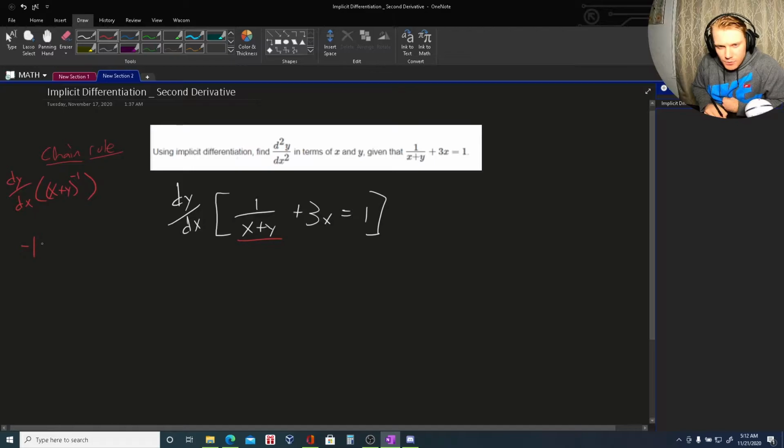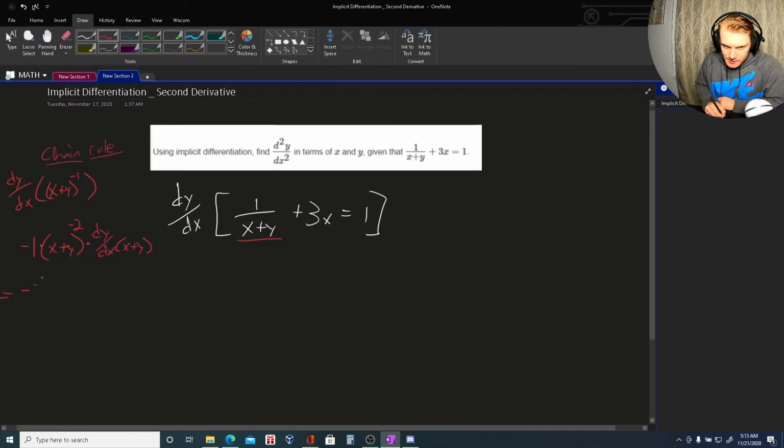So we have negative 1 times (x plus y) to the negative 2 power, subtracting the exponent, times the derivative of x plus y.